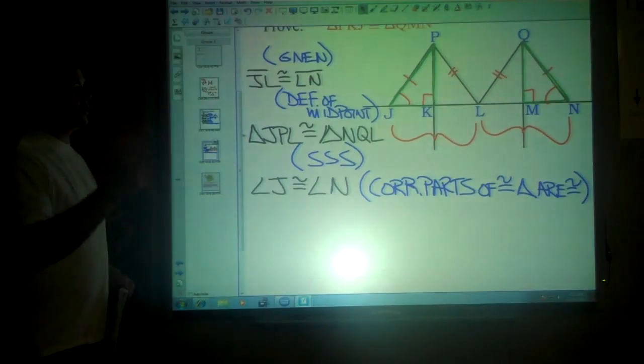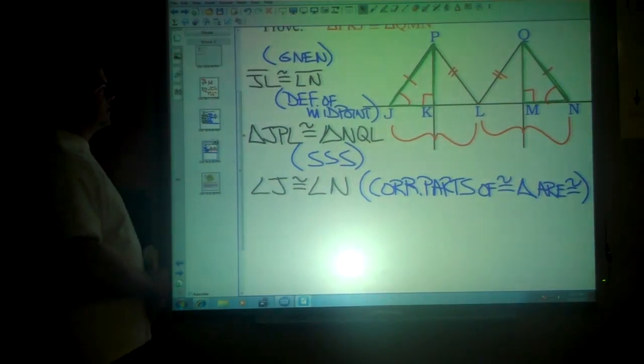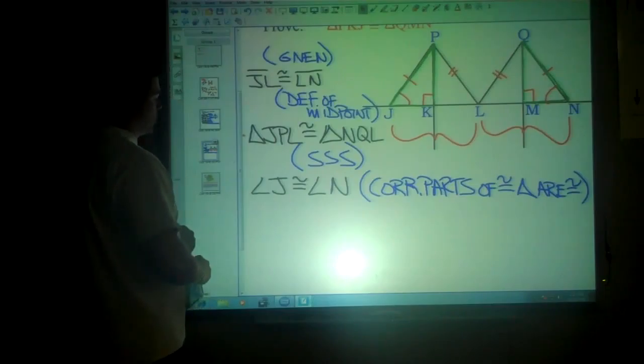Exactly the same reason we used on the last example. Is that enough to prove those two triangles are congruent?